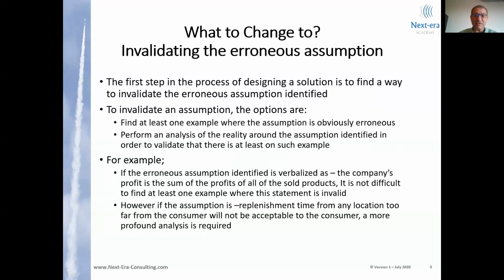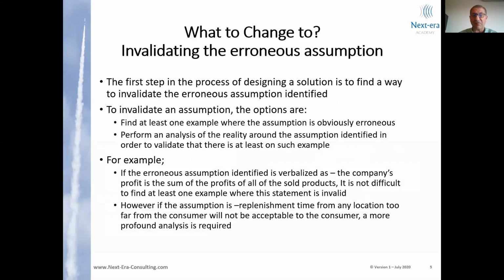If you look at an erroneous assumption that is identified and verbalized as the company's profit is the sum of the profits of all the sold products, which is a common assumption for many management teams in many companies around the world, it is not difficult to find at least one example where this statement is invalid.